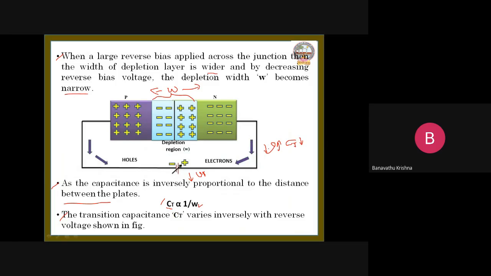Because by increasing the reverse bias voltage, the depletion region increases. When the depletion region increases, the capacitance across the junction is reduced.